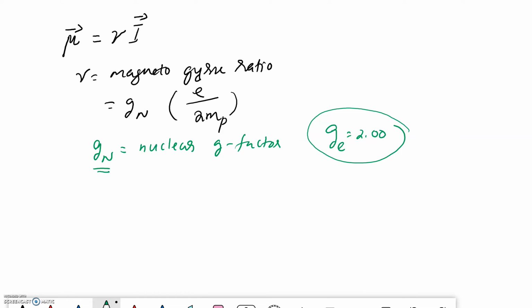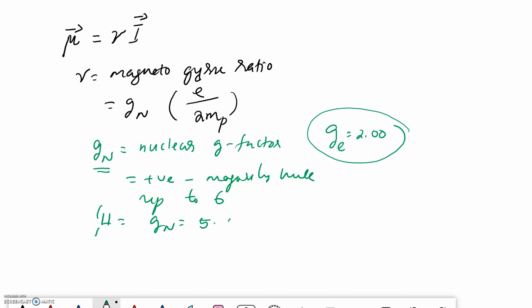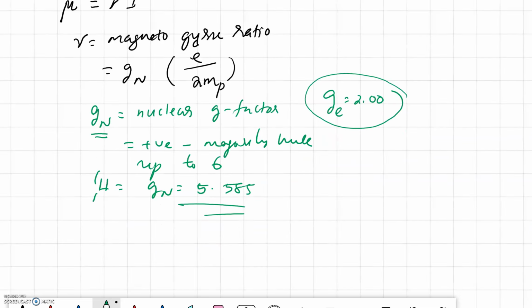The value is positive for the majority of nuclei, and the maximum value is about 6. For proton, Gn is equal to 5.585. It is a dimensionless quantity.